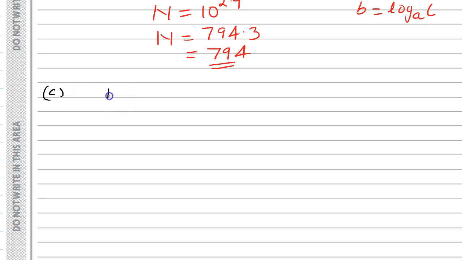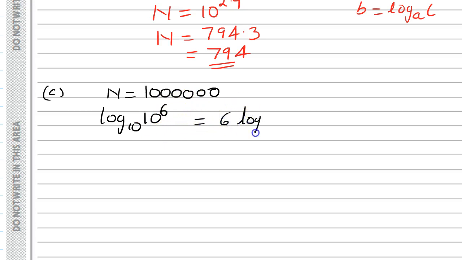Here we are taking n as 1 million: 1, 2, 3, 4, 5, 6, so 10 to the power 6. So you can write down log base 10 of 10 to the power 6, which is 6 log base 10 of 10, and you know log base a of a is 1, so this will be 6.